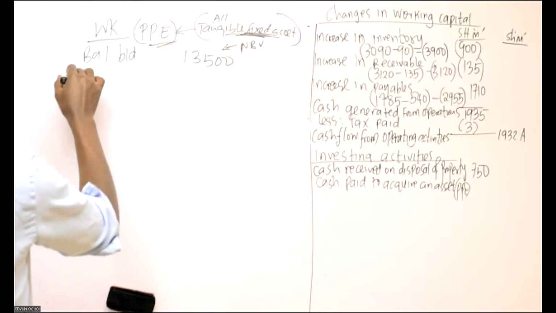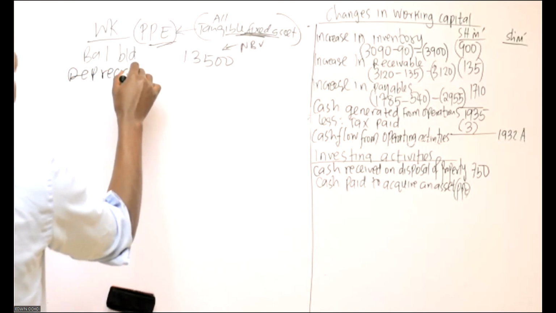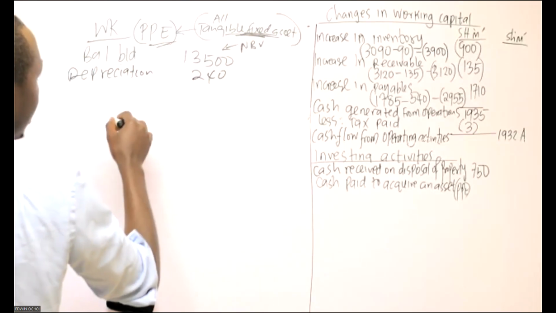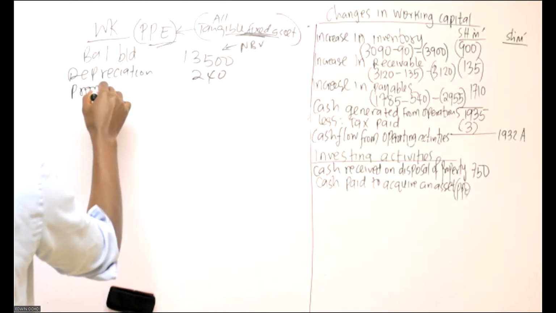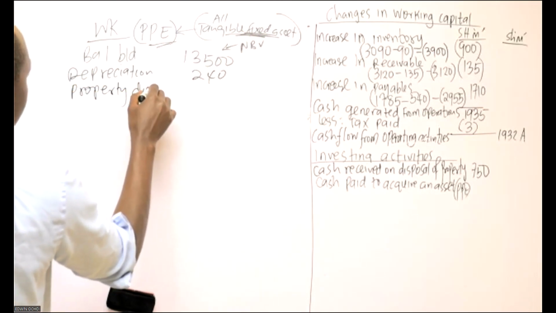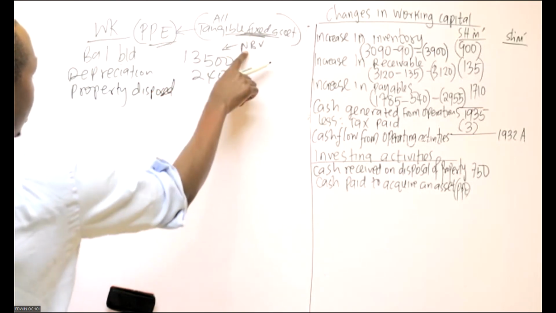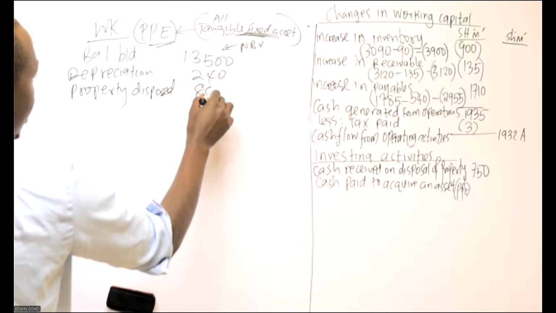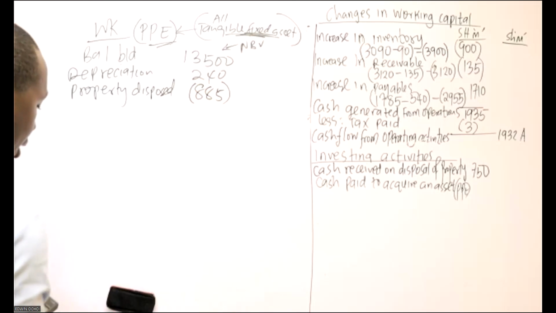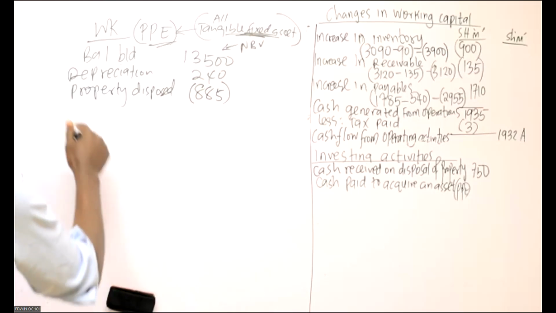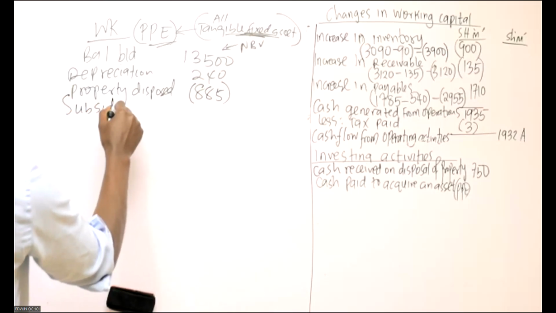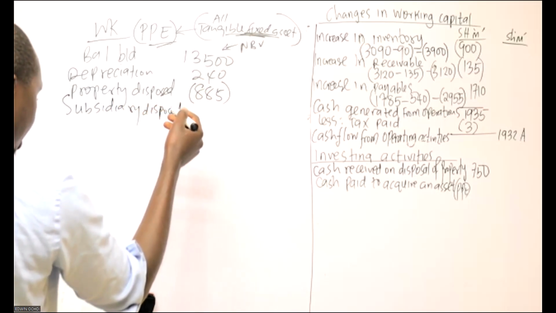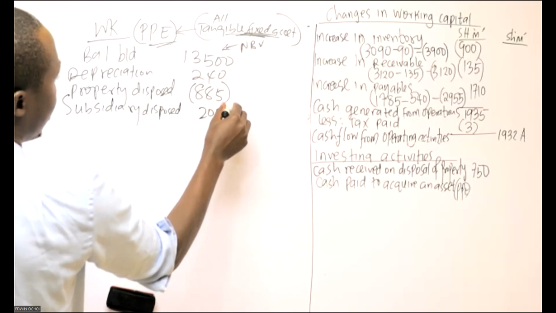If we go to additional information, number 1 is depreciation: a fixed asset which is depreciated 240. Number 2 is property which was disposed, but I need its net book value. That is why you were told the carrying amount was 885. Number 3, under the subsidiary disposed, there is PPE of 2025.